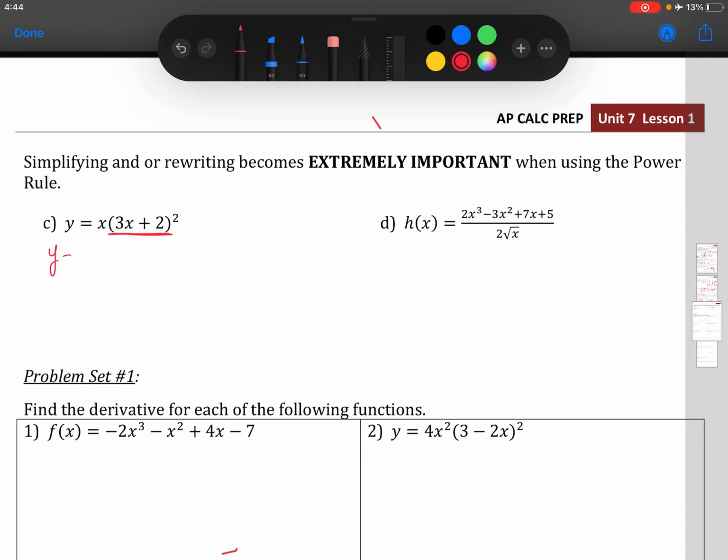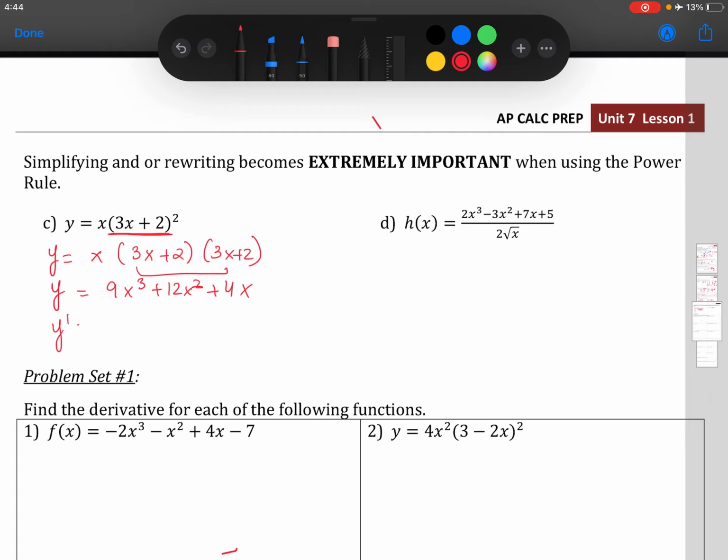So I'm going to rewrite y equals, the square tells me I'm writing it out twice. And then if I multiply this whole thing out, I'm going to multiply these two out and then multiply by the x, and I get y equals 9x cubed plus 12x squared plus 4x. And now take the derivative.